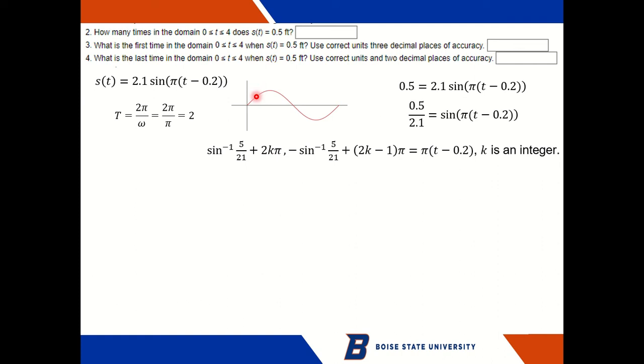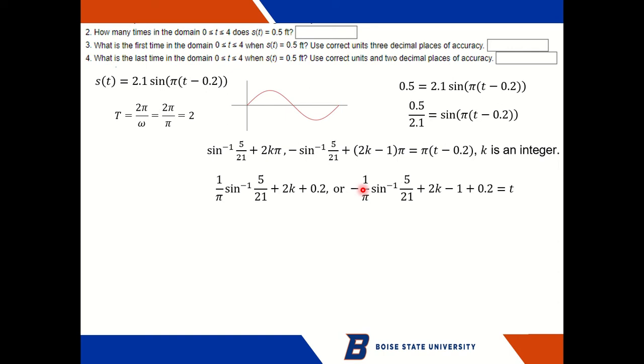But those will only be the solutions on the left side of this little hill right here. And so the negative arc sine of 5/21, that'd be the solution on the right side of this hill. But those don't occur every multiple of 2 pi. They actually occur every odd multiple of 2 pi. So that's what this is all about. And this is definitely on the tricky side of trig.